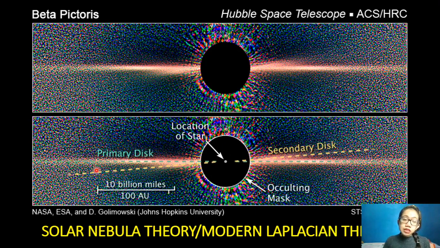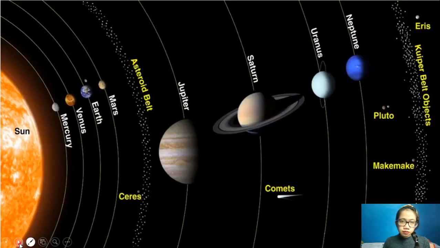The secondary disk is much fainter than the primary disk, because they can already observe that in the secondary disk there is a protoplanet spinning around the young star. That led to the formation of the solar system that we know today.